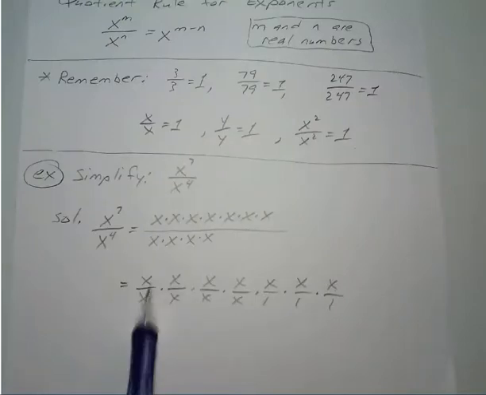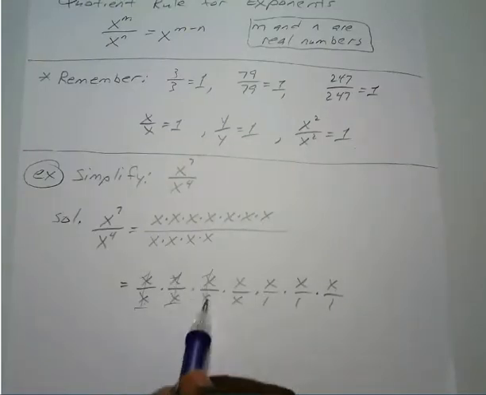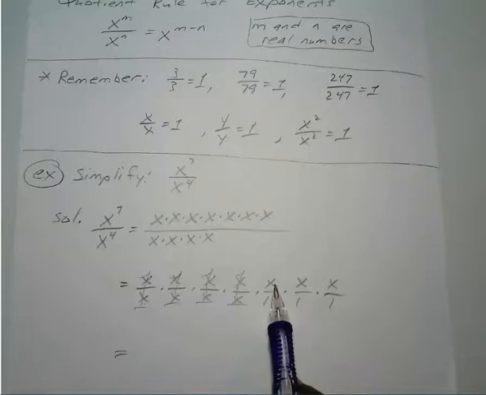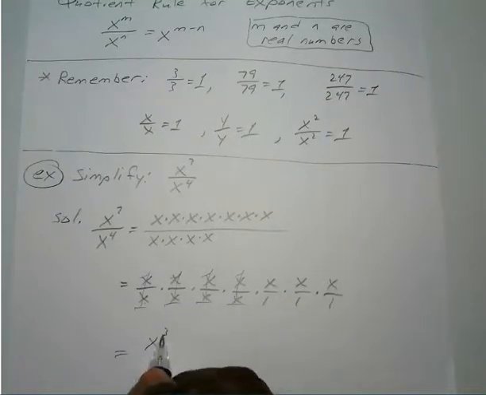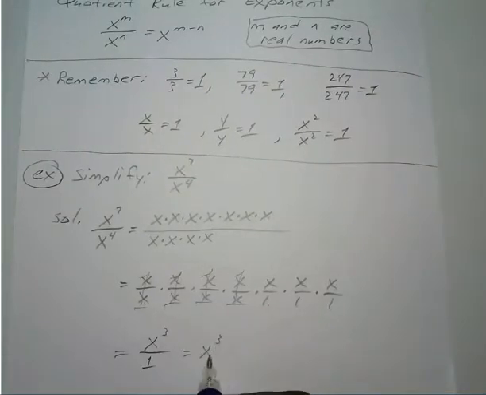Now anything divided by itself is just 1. So you have 1 here, 1 here, 1 here, and 1 here. So the only thing left that didn't cancel out is x times x times x in the numerator. So you have x to the 3rd over 1 times 1 times 1 in the denominator. Anything divided by 1 is just that value, so it's x to the 3rd power. Which is an awful lot of work to go through.